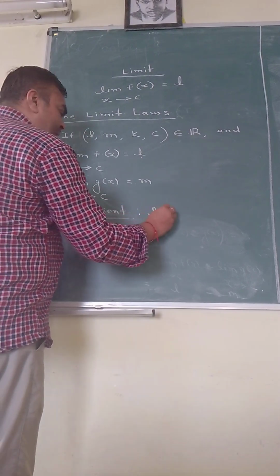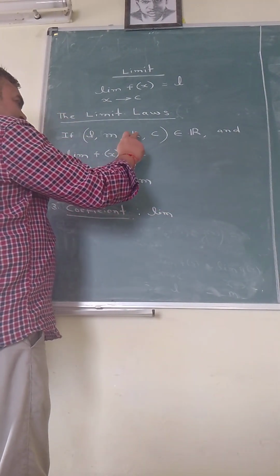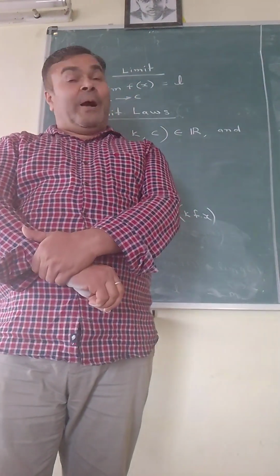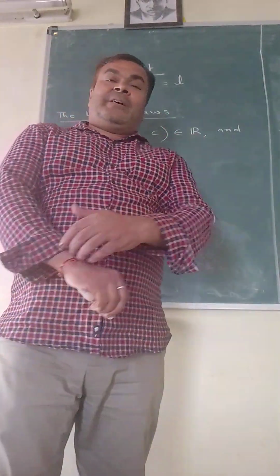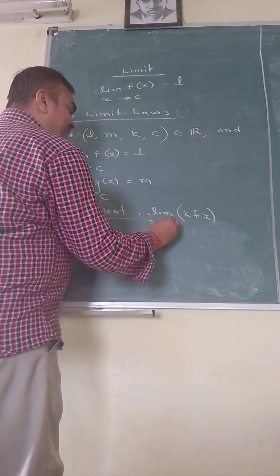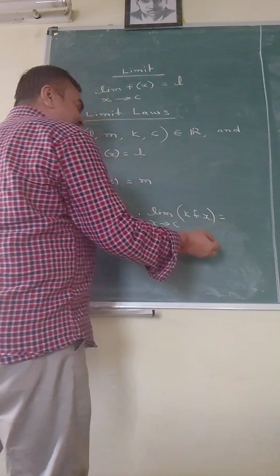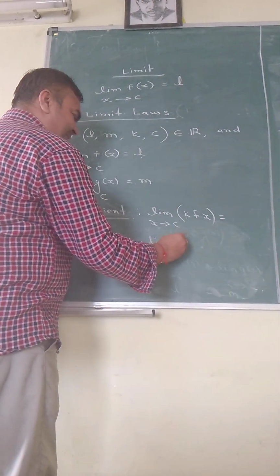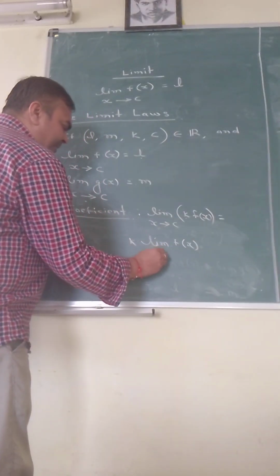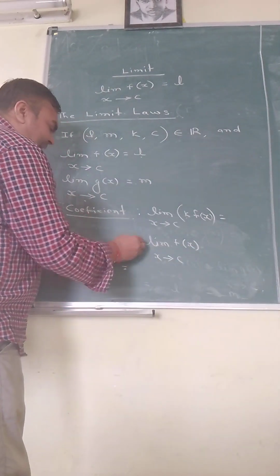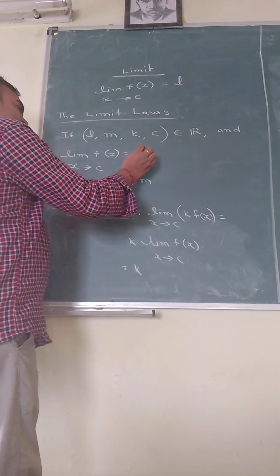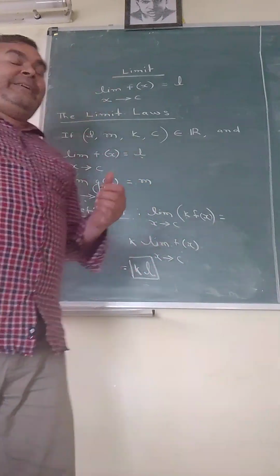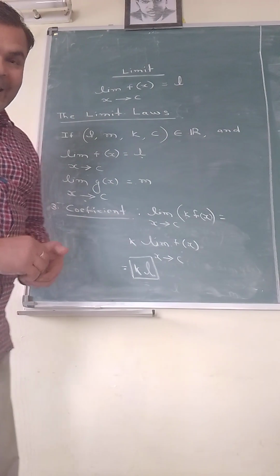Very simply, the limit of k times f(x), where k is a constant value, and k also belongs to the set of real numbers. Then the limit as x tends to C of k f(x) will be generalized as k, a constant, times the limit of f(x) as x approaches C. Again it will be written as k, and we already know that the value of this limit is L. Then we write kL. This is the answer.